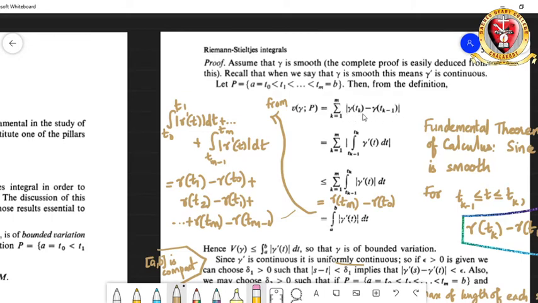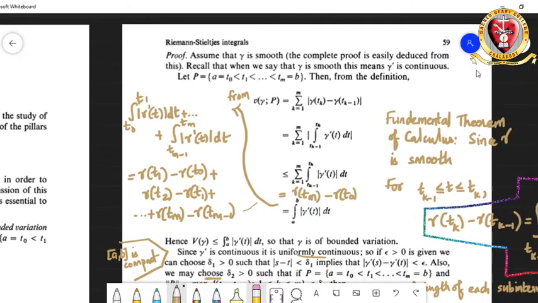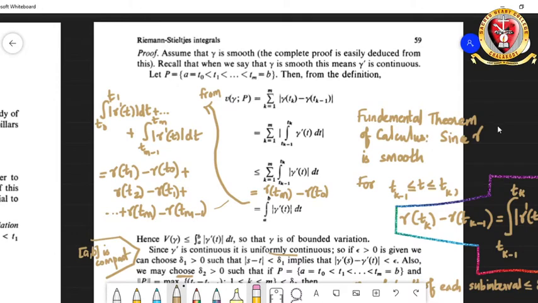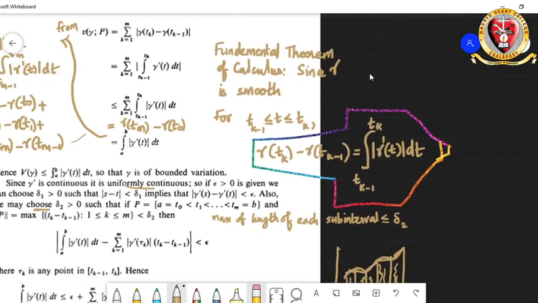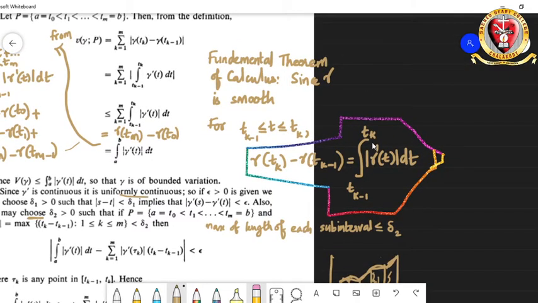From this sum, the term sitting inside the modulus, which is gamma of tk minus gamma of tk minus 1, since gamma is a smooth function, by the fundamental theorem of calculus we can say that whenever tk minus 1 is less than or equal to t less than or equal to tk, gamma of tk minus gamma of tk minus 1 is equal to the integral from tk minus 1 to tk of gamma dash of t dt.